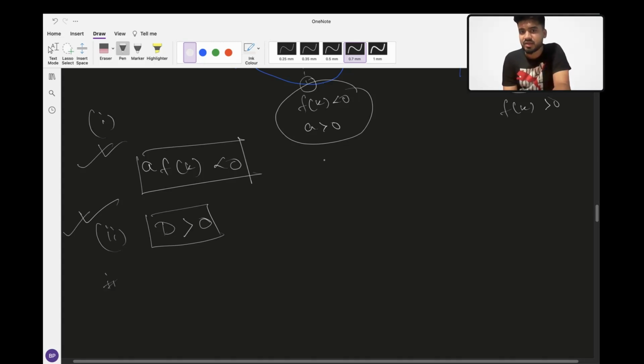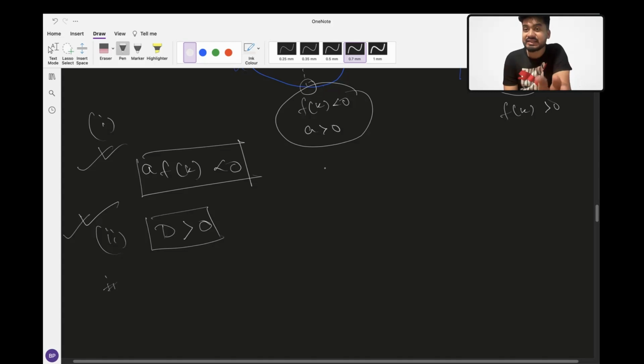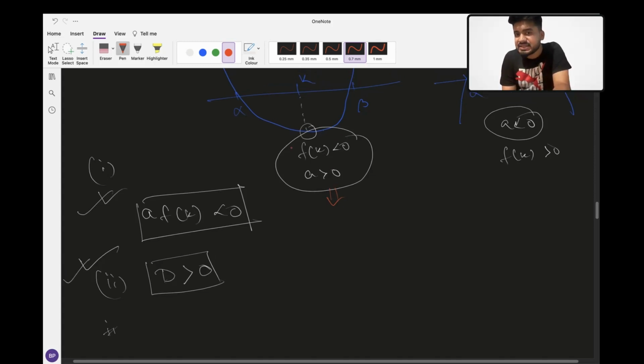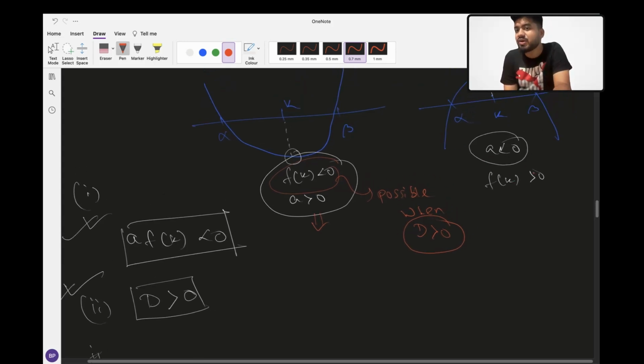But if you really think that only when D is greater than 0 can f of k be negative, then here, for a less than 0 and f of k greater than 0, this case is only possible when D is greater than 0.